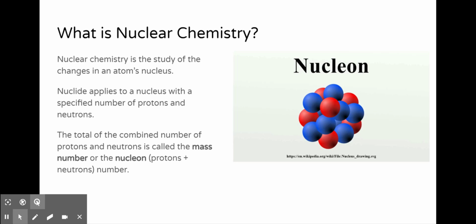As a nuclear chemist, they say the nuclide number. So they could say carbon-12, but that also refers to the number of protons and neutrons inside the nucleus. Remember that the total combined number of protons and neutrons is called the mass number or the nucleon number.